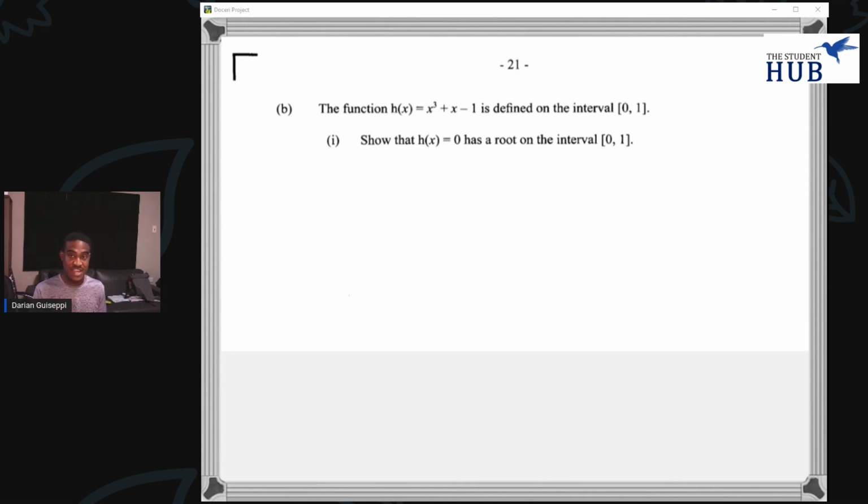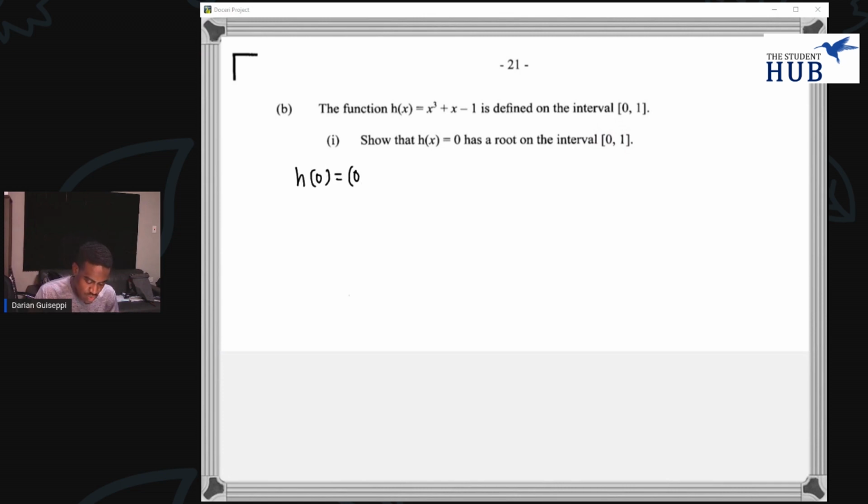But first we need to find h of the lower limit and h of the upper limit. And once there's a sign change, that's what we're looking for. Then by the intermediate value theorem, and since this function is continuous, we could say there exists a root within the interval that the question asked about. So I'm talking a lot. Let's actually start to write.